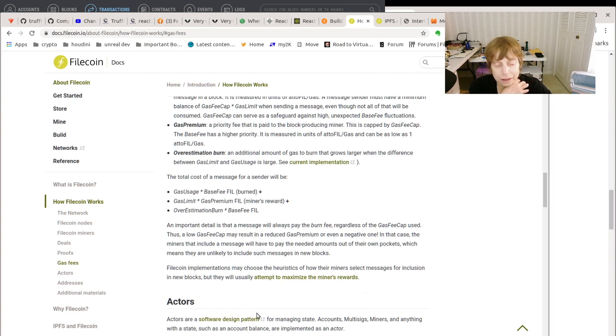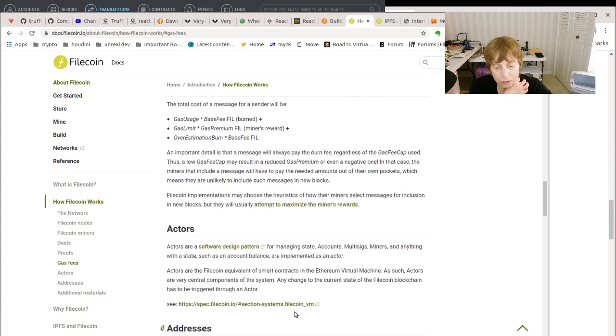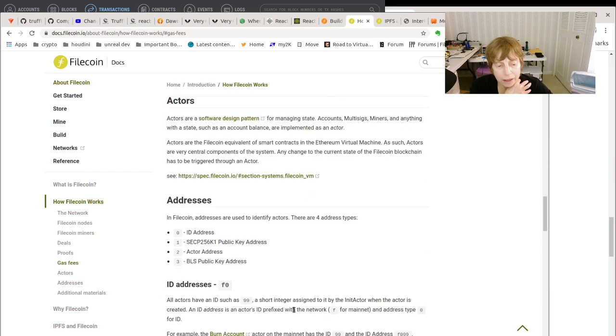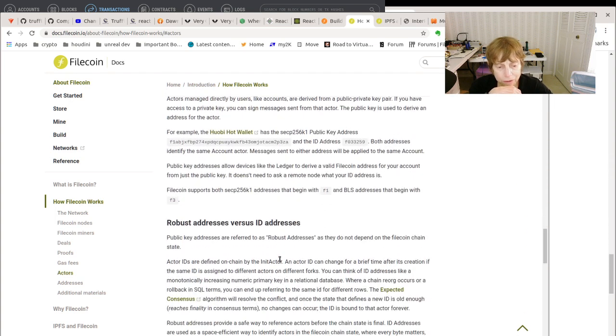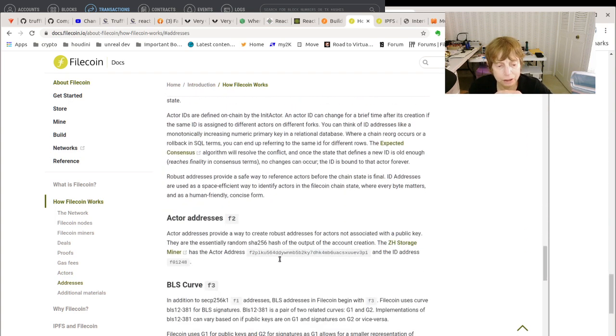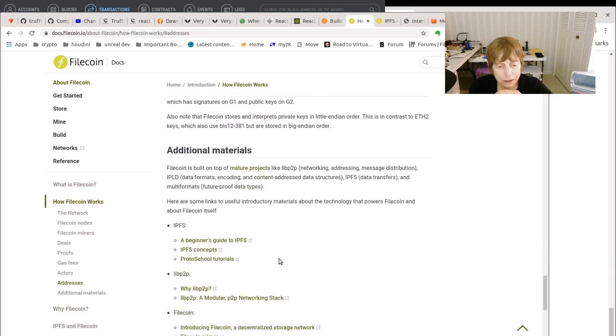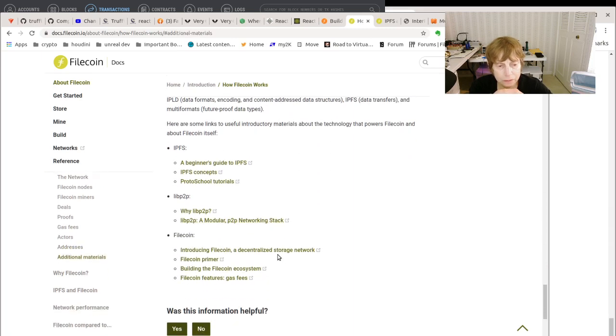Again, our actors are equivalent to our smart contracts, and they have 4 different address types to identify our actors / smart contracts, and uses mature technology, the storage method.